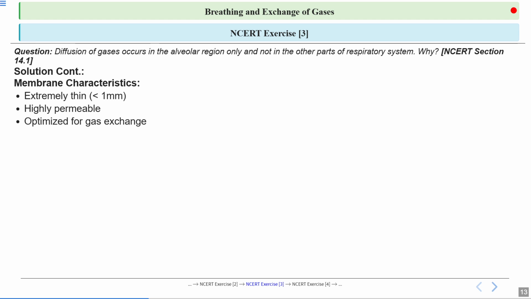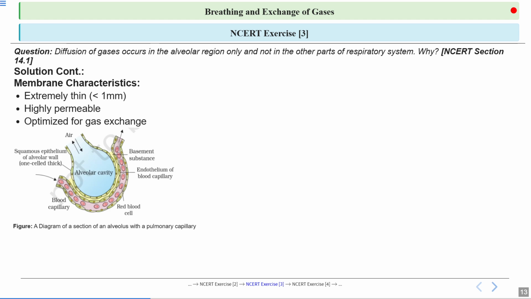Optimized for gases exchange. If the membrane becomes thicker than this, then the gases exchange will be affected. But at this particular level, if it is around 1 mm thick, then it is favoring the exchange of gases, right?